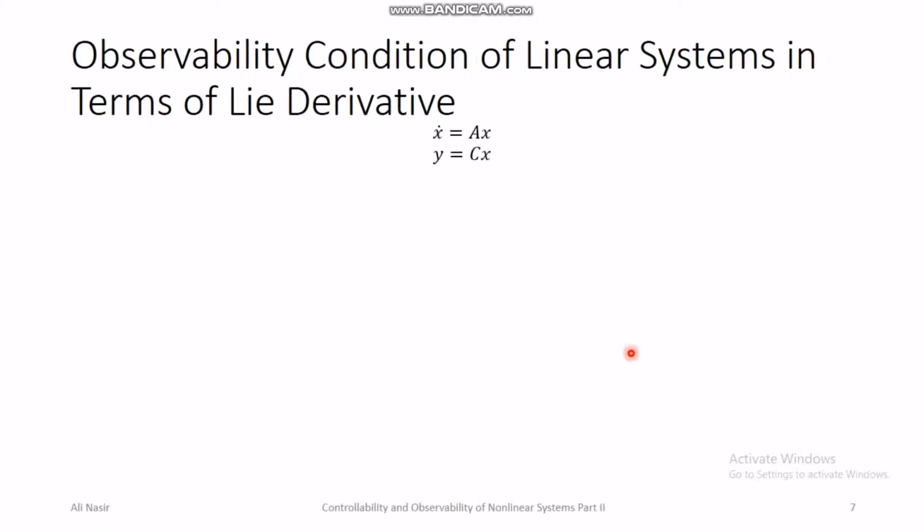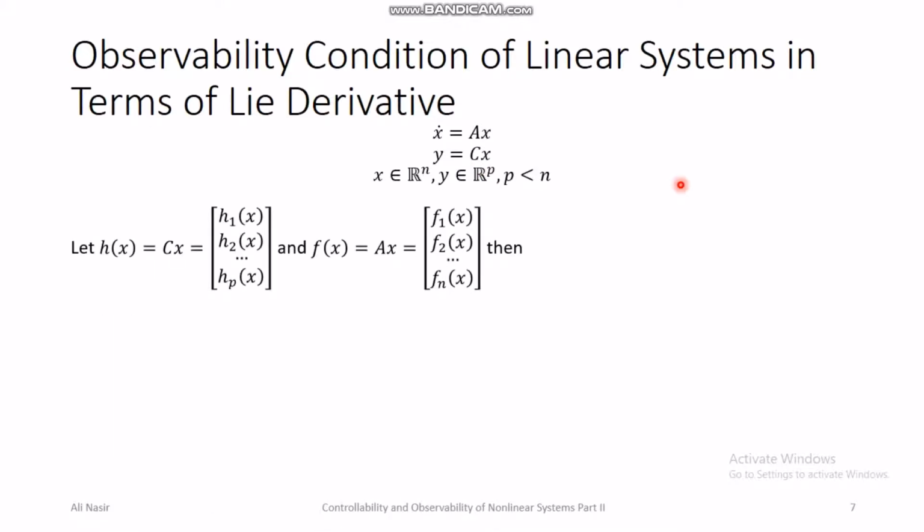We can say that there is a linear system x dot equal Ax, y is equal to Cx, where x is an R^n vector, n cross 1 vector, and y is a p cross 1 vector. Then let h of x be equal to C times x.